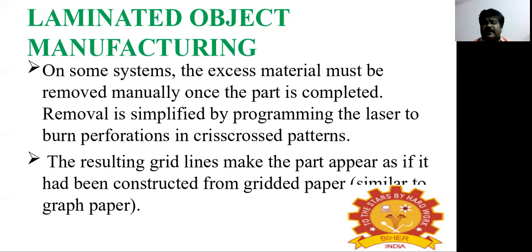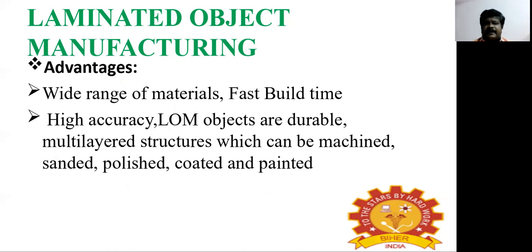Whatever we want, the laser will burn the perforations in a crisscrossed pattern. So the grid lines will make the part. When we construct on the gridded paper, that will be basically similar to graph paper.